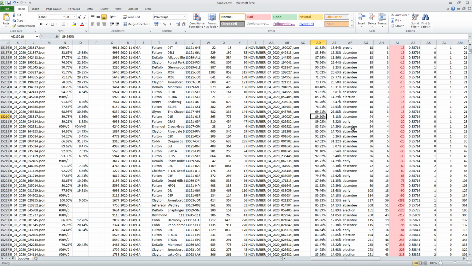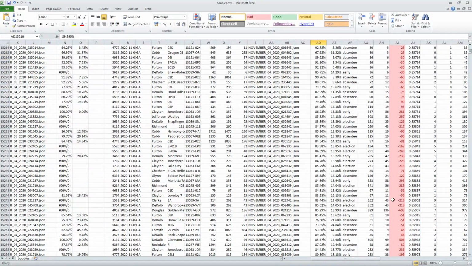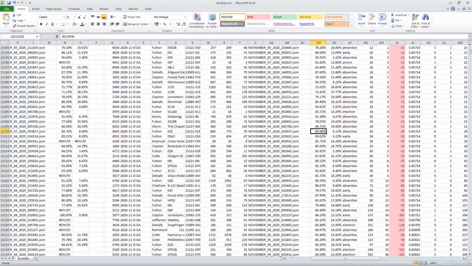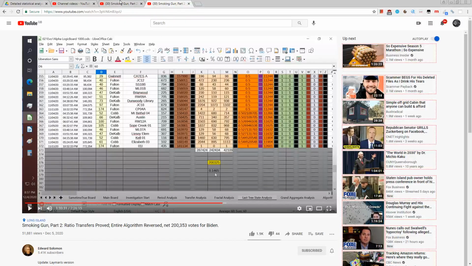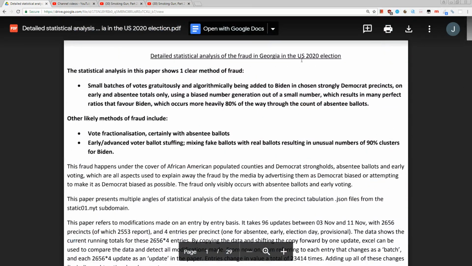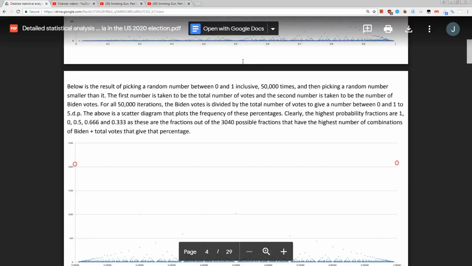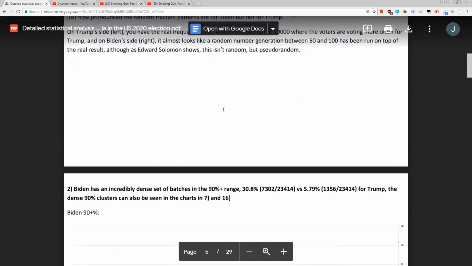So that's the thing. And when you actually look at my research here, Biden wins every one of these small batches.